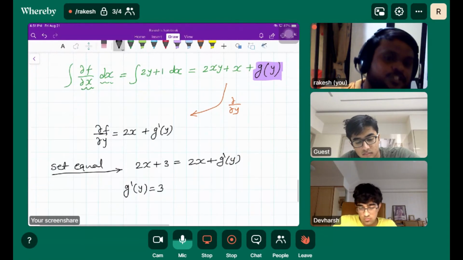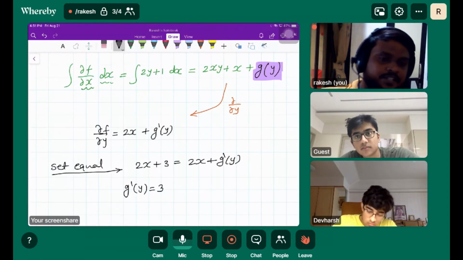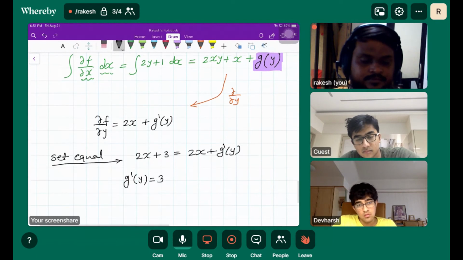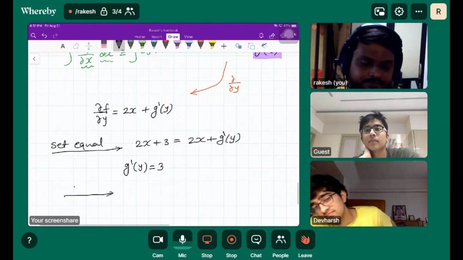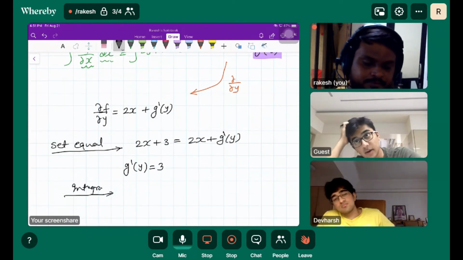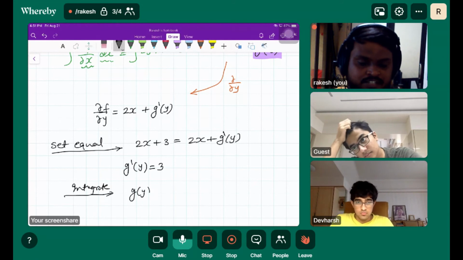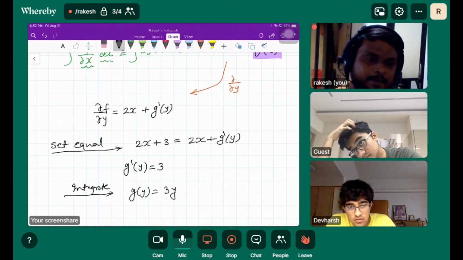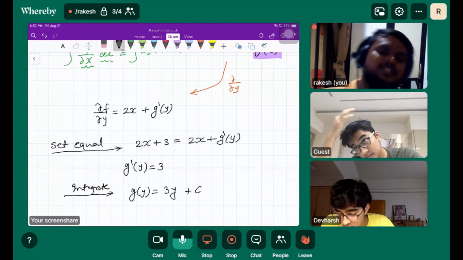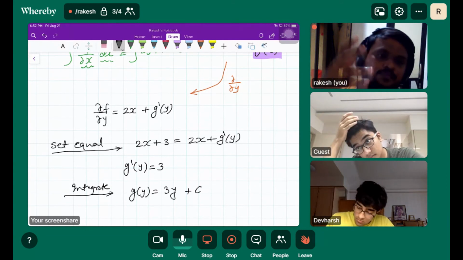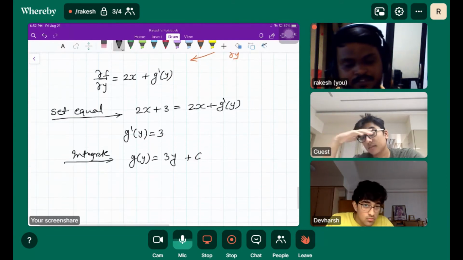So how do we find g of y if we have g dash y? Integrate. We get 3y. So g of y is equal to 3y plus constant c. Okay, so what is my function then?